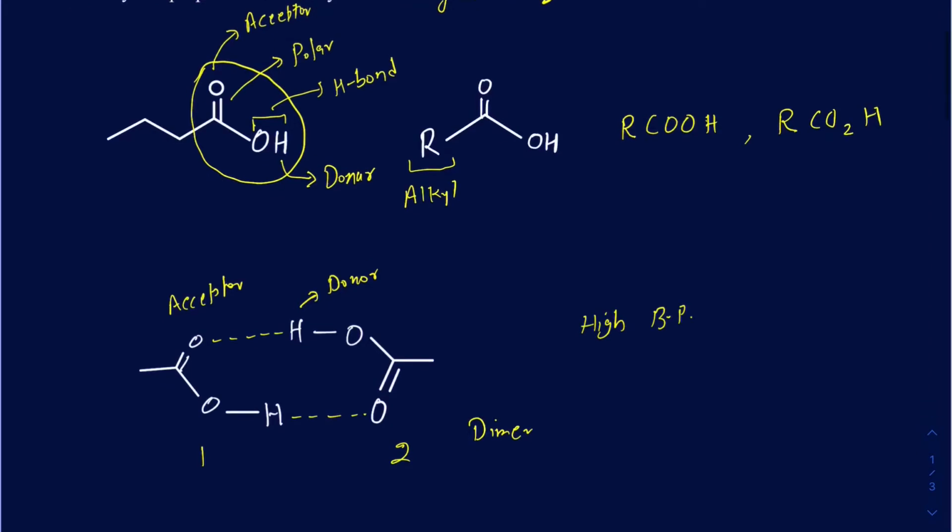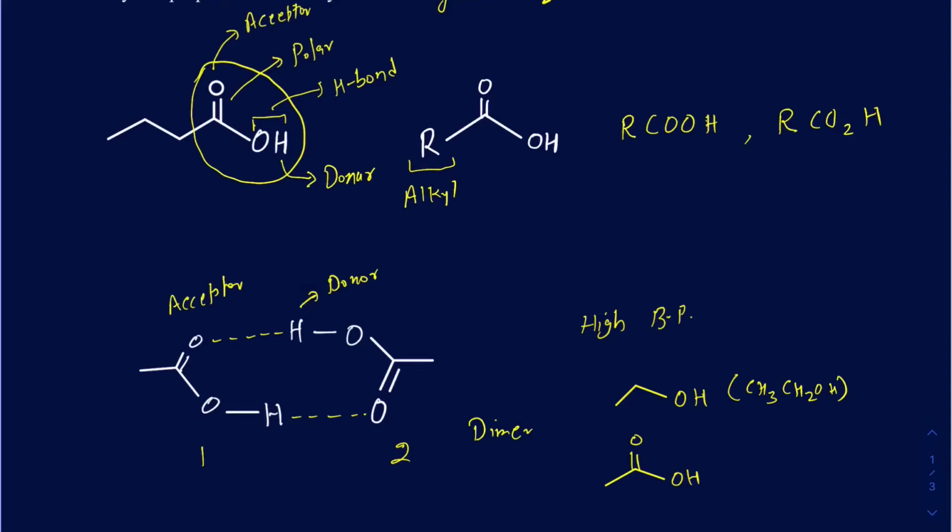If I want to compare the boiling point of ethanol, CH3CH2OH, which is also capable of making hydrogen bonds because of the OH there, with this compound we just talked about, acetic acid, which is also capable of making hydrogen bonds, but since this exists in the dimer form, it's going to have a high boiling point.